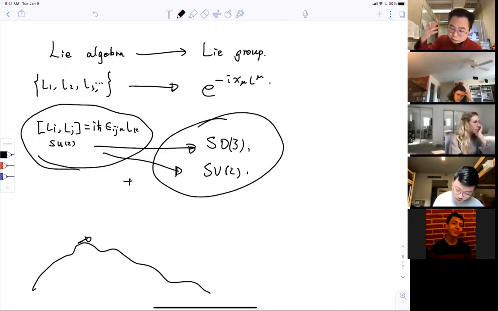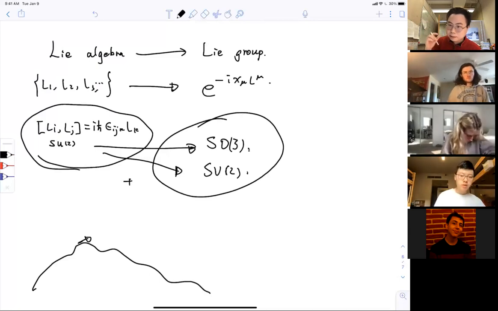In general, there may be several Lie groups corresponding to the Lie algebra. But if I add a constraint, let's say I only want a Lie group that is simply connected, then the Lie group is unique. Is it clear?